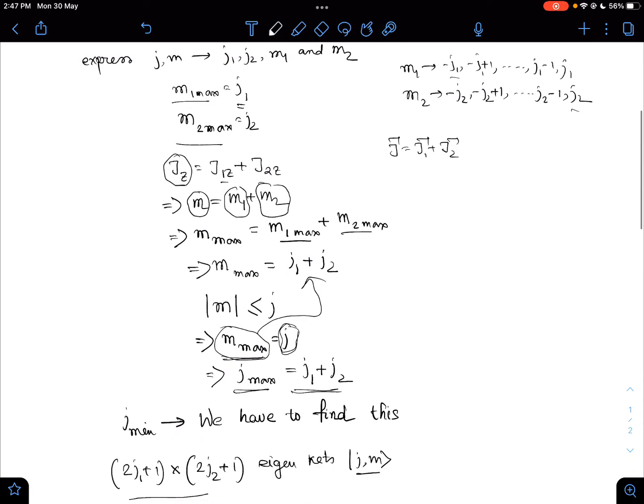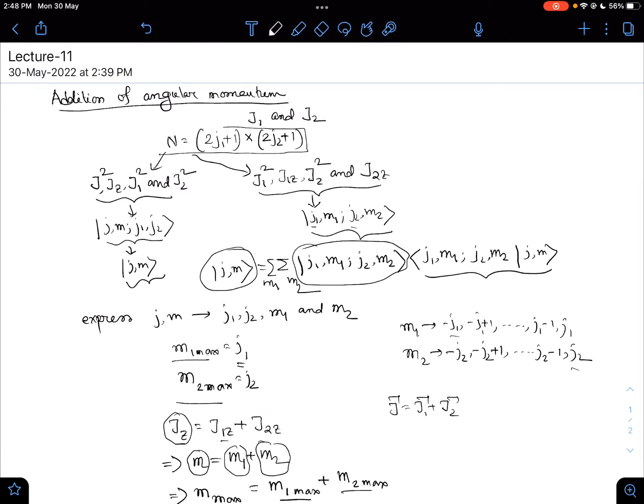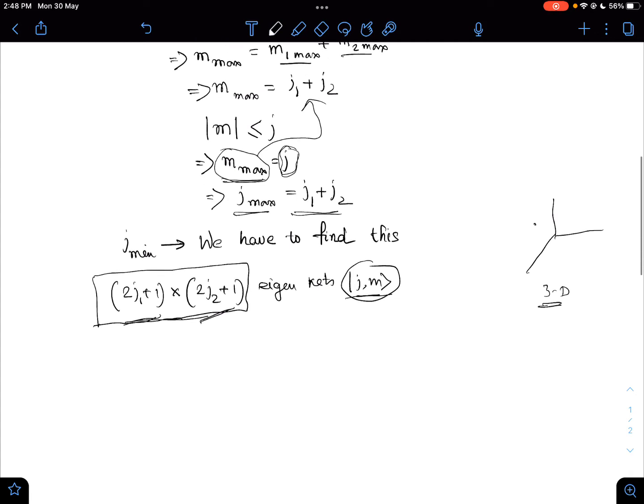We know that this |jm> belongs to the product space, and the product space has dimension of 2j1 plus 1 into 2j2 plus 1. That is why they must be spanned by 2j1 plus 1 into 2j2 plus 1 eigenkets. This we can easily see, because suppose we have a 3-dimensional coordinate system. Since it is in 3D, we need 3 eigenkets to span any vector here. In the same logic, the product space has dimension 2j1 plus 1 into 2j2 plus 1, so we need this number of eigenkets to span the product space.